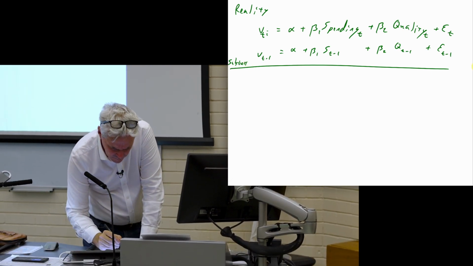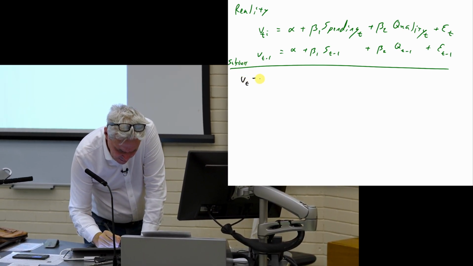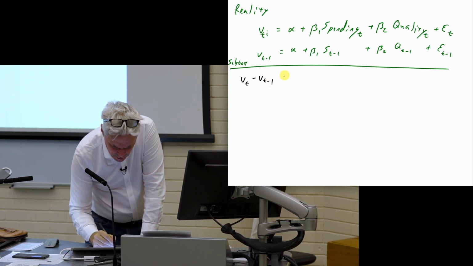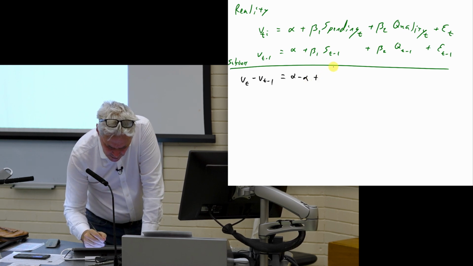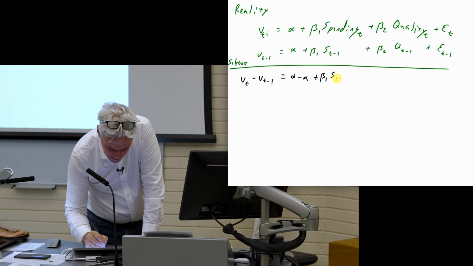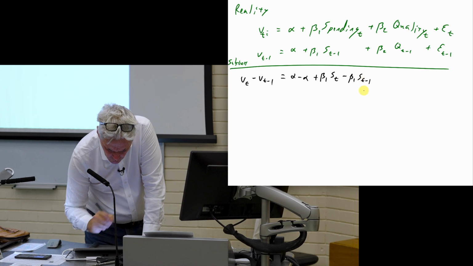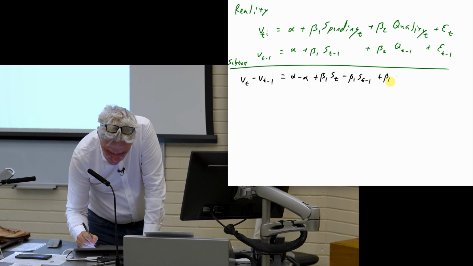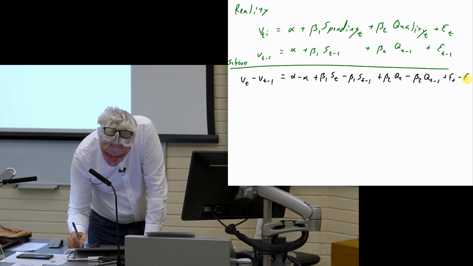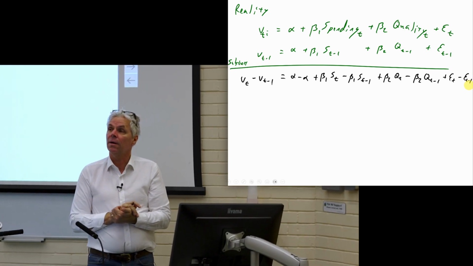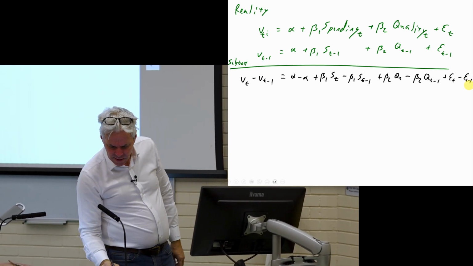That gives me V_t minus V_{t-1} is equal to alpha minus alpha, plus beta 1 spending in t minus beta 1 spending in t-1, plus beta 2 quality in t minus beta 2 quality in t-1, plus e_t minus e_{t-1}.